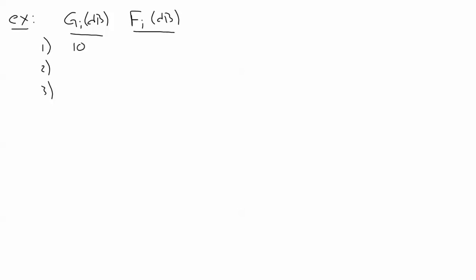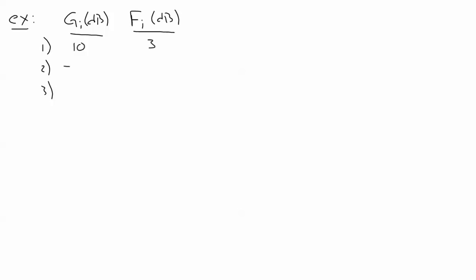Just a little example. Let's say I've got 3 amplifiers and their gains and noise figures are expressed in dB. This one has a gain of 10 dB and a noise figure of 3 dB.